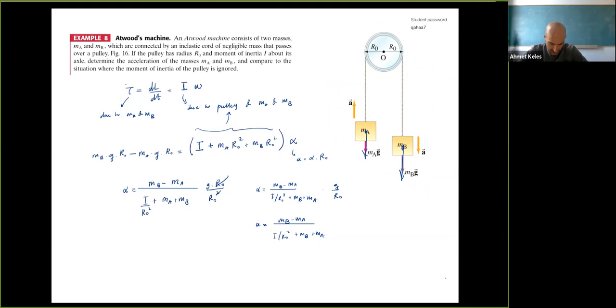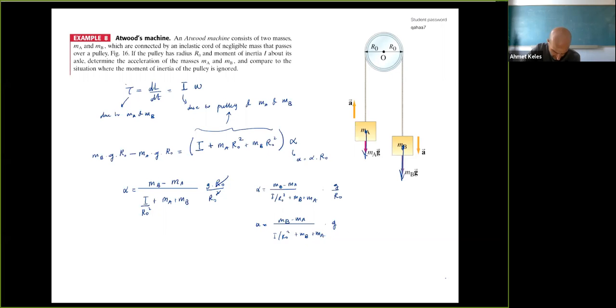So is that clear? When we look at the problem from a rotational point of view, that actually simplified it. That's why we could write it in a couple of lines. Oh, G is missing. Okay, thanks for this, got it. And now the problem is asking us to compare it to the situation where the moment of inertia of the pulley is ignored.